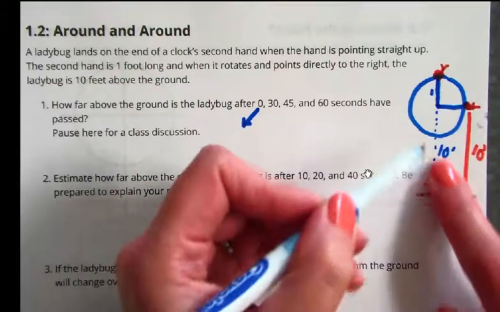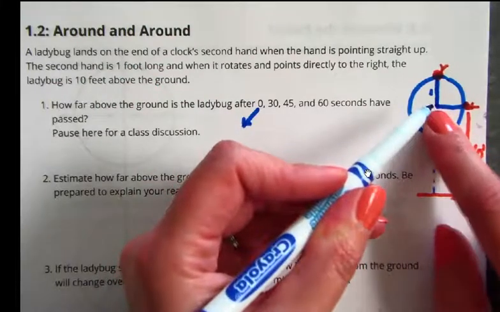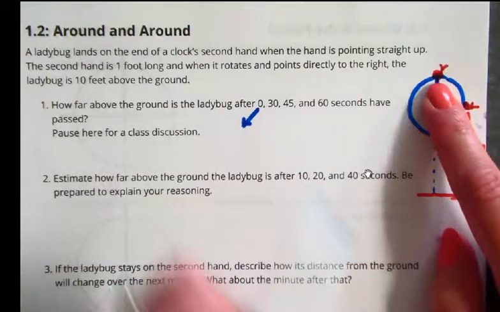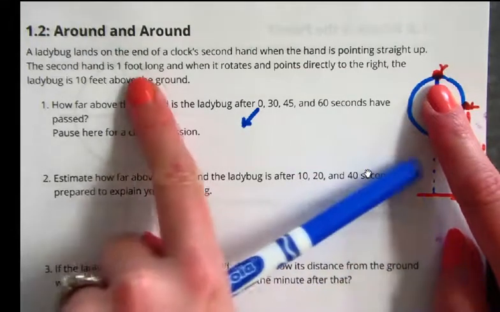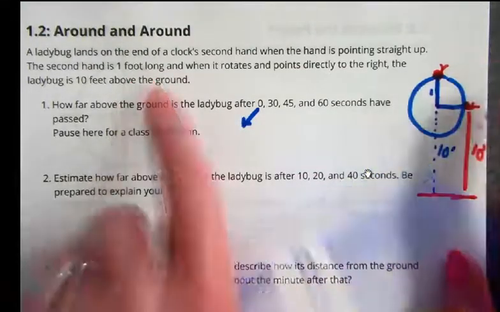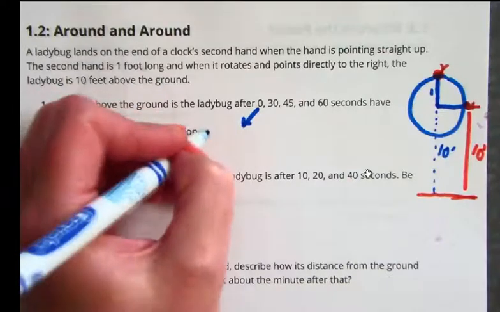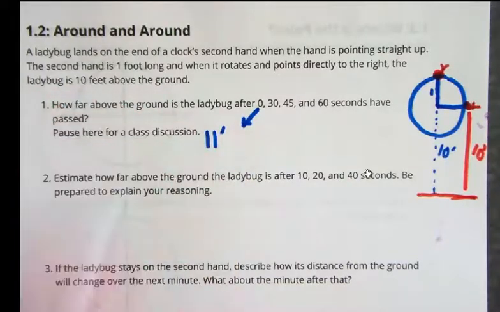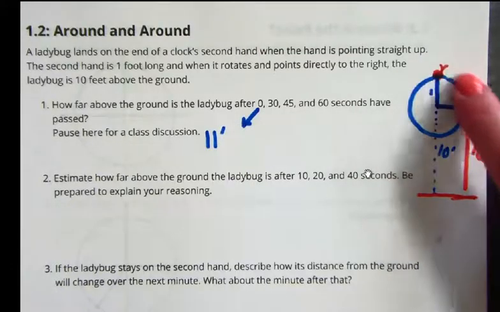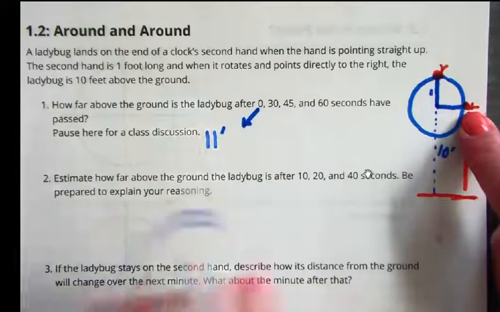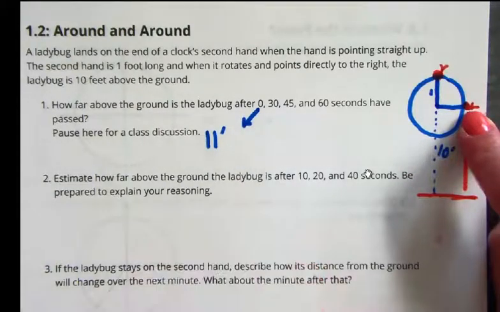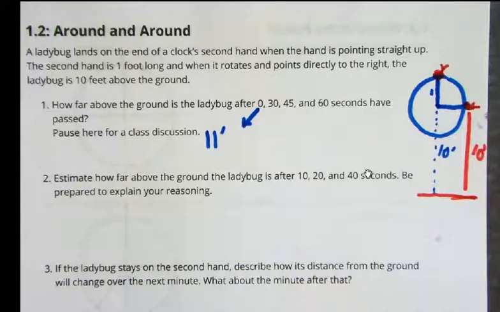So it's 10 feet from the ground to the middle of the clock, and then it's a 1 foot long second hand. So at 0 seconds, it would be 11 feet off the ground. At 15 seconds here, and notice that they don't ask us 15 seconds because we already figured that part out. At 15 seconds, it's 10 feet off the ground.